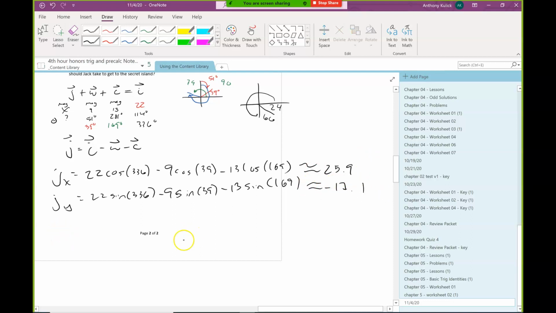So it just asks for the bearing, right, in the problem, I think. Is that correct? So if I plot 25 comma negative 17.1, it's down here. So that's going to be 90 plus my phi, which is always going to be tan inverse of the absolute value of the y component over the x component.